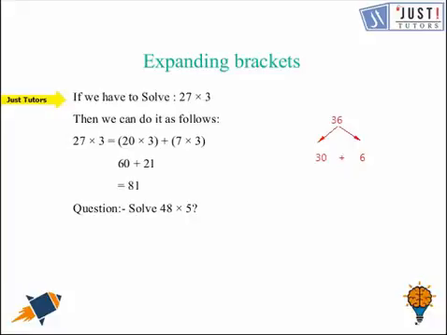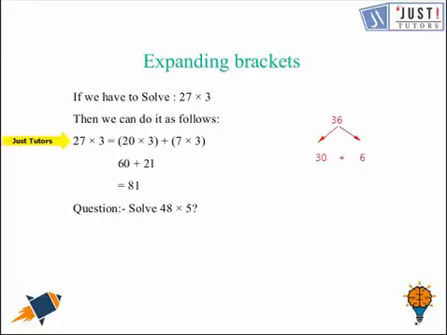Let's look at the first question, 27 times 3. So let's see how we can write 27. 27 can be written as 20 add 7. You can look at this here, 20 and 7 we have. Now when we are working with brackets, we can work by multiplying the number by each of the expanded numbers.